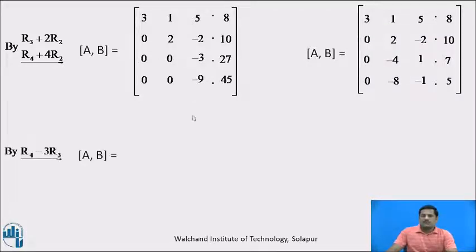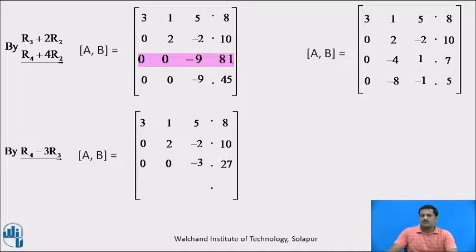For that purpose, we will apply the row transformation R4 minus 3R3. So what we will get? Obviously, there is no change in the first 3 rows, and after multiplying row number 3 by 3, we get these entries. So obviously, first 3 entries are 0, and for the last entry, 45 minus 81 is minus 36.